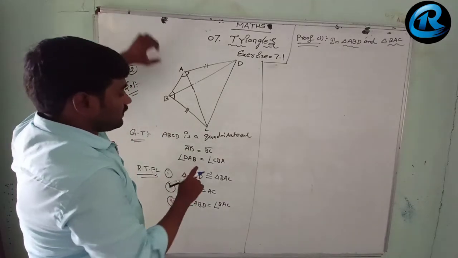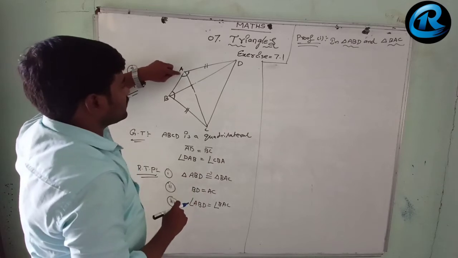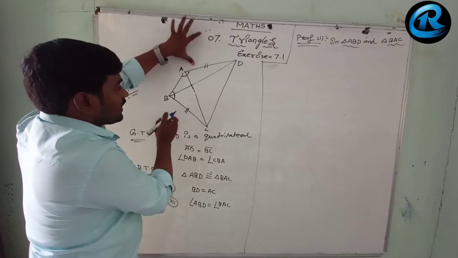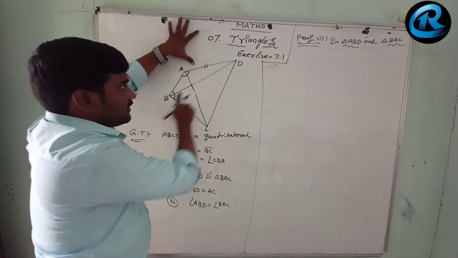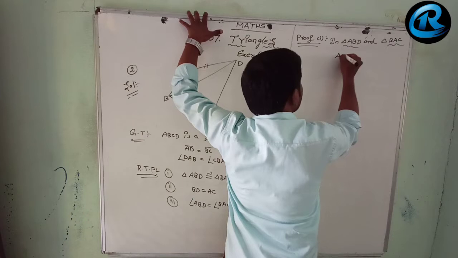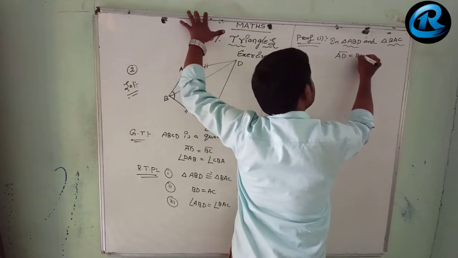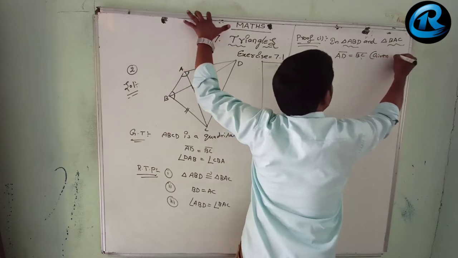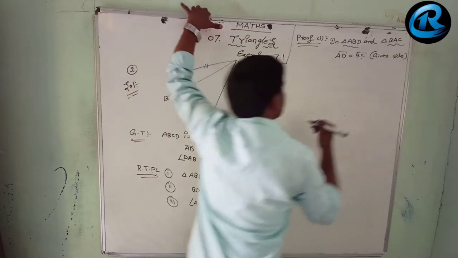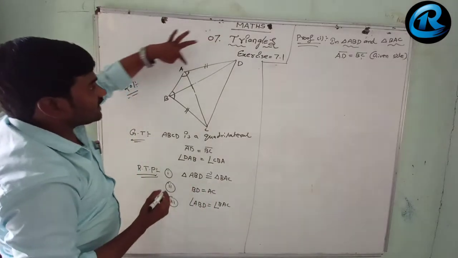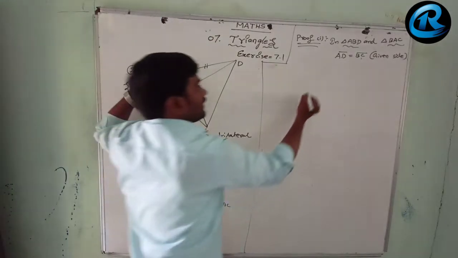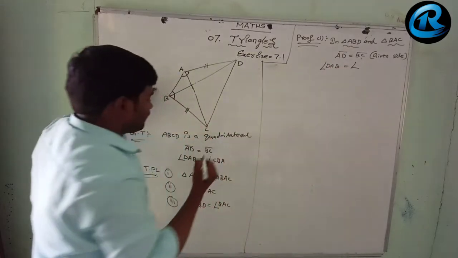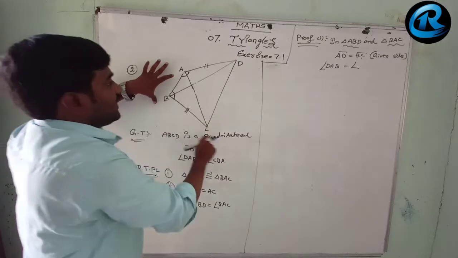See, in triangle ABD, AD equals, in triangle BAC, BC. AD is equal to BC. This is a given side. This is already given, but it is a side of the triangle, so given side. Then here angle DAB is equal to angle CBA.